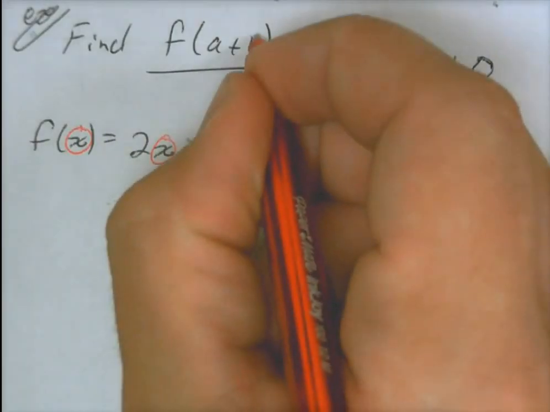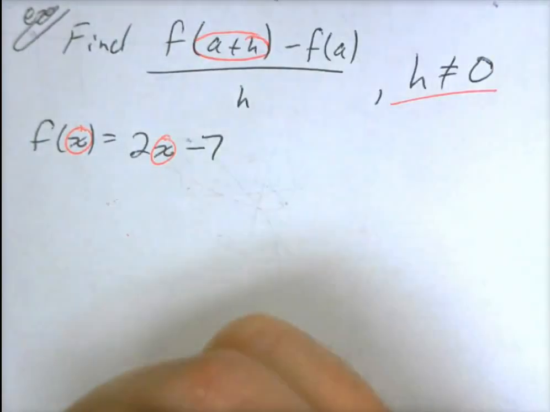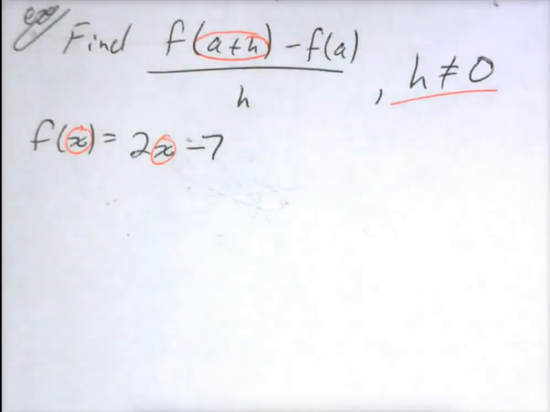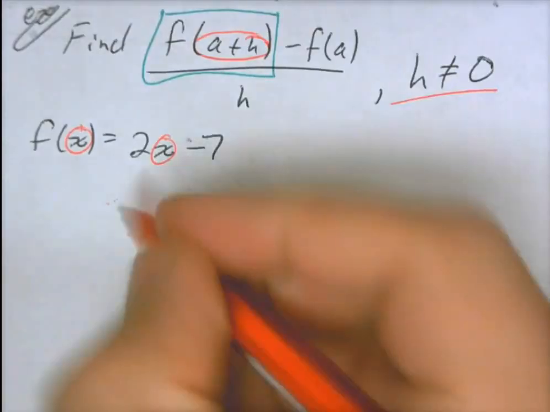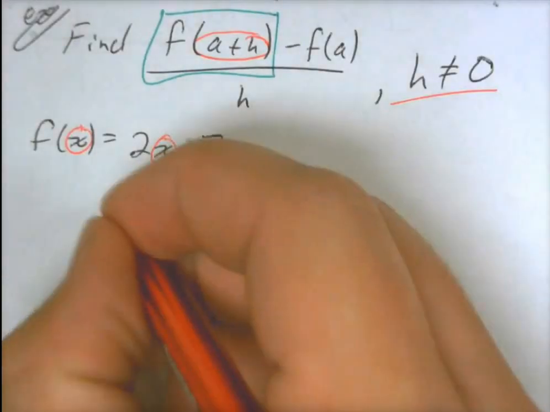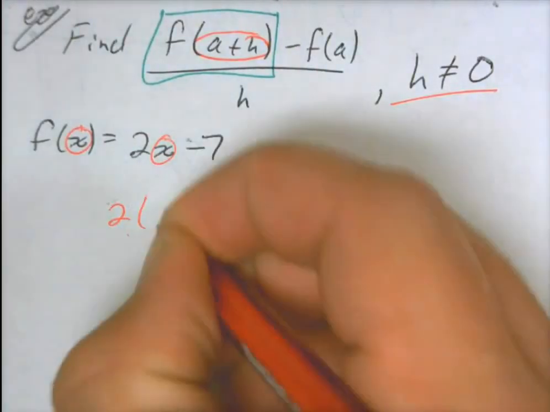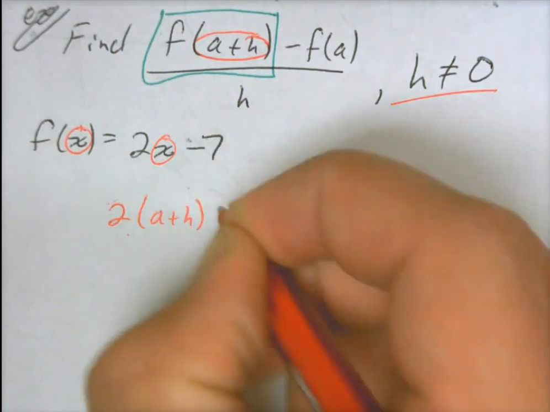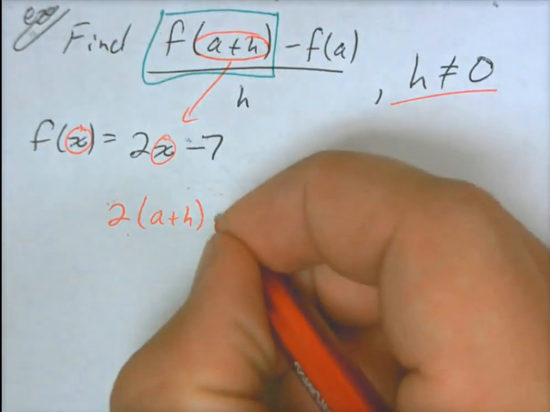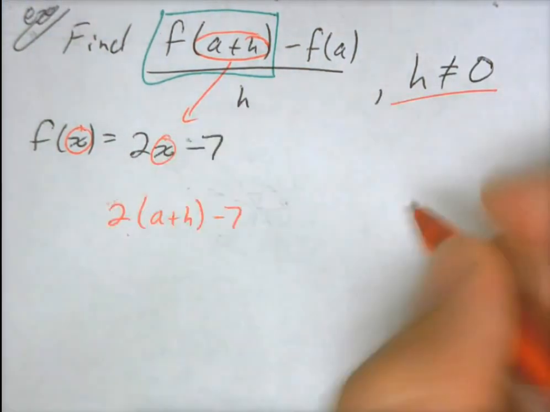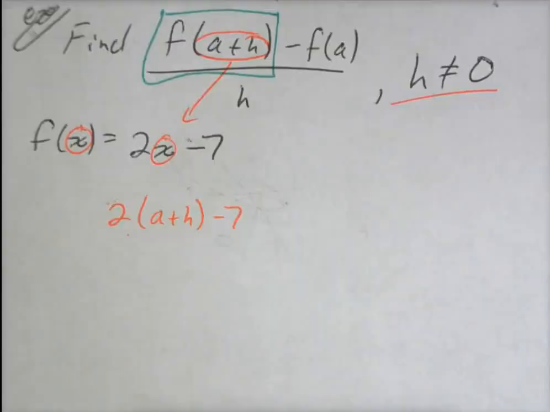So notice here I have an x and an x. This is saying find f of a plus h. For just that part of it, I can say that that is f of a plus h. So that should be 2 times a plus h. Instead of an x, I'm just going to put a plus h there. Minus 7, because I have to get the rest of the function. Okay, that is that part in green. And then I will keep going with this.